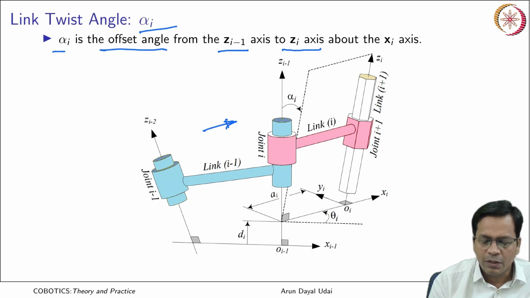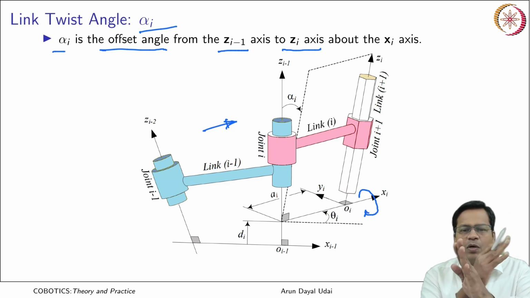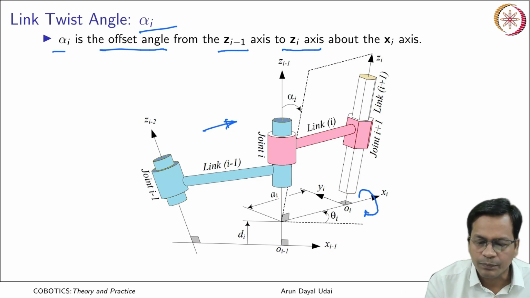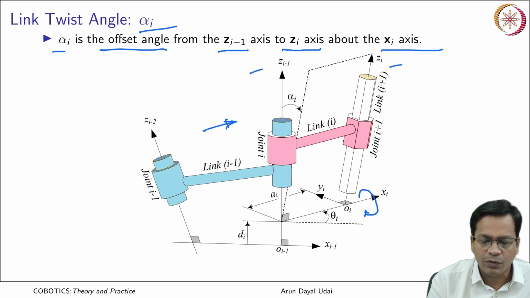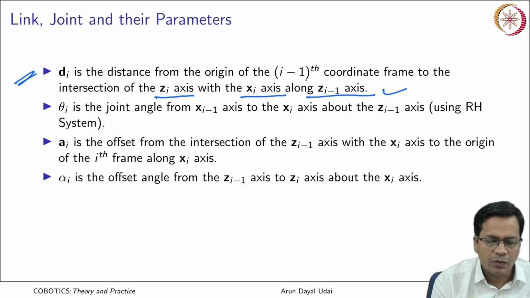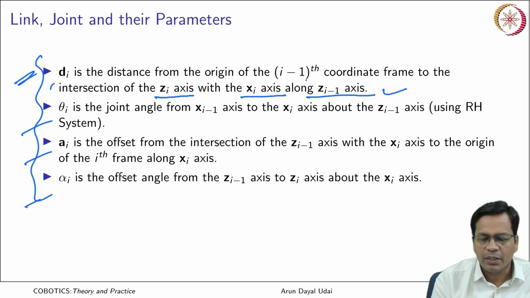That is measured about the xi axis, from zi minus 1 to zi. Looking from here, it is alpha i. It is mentioned over here. So, these are the 4 parameters: d, theta, a, alpha. I have just summarized it here.